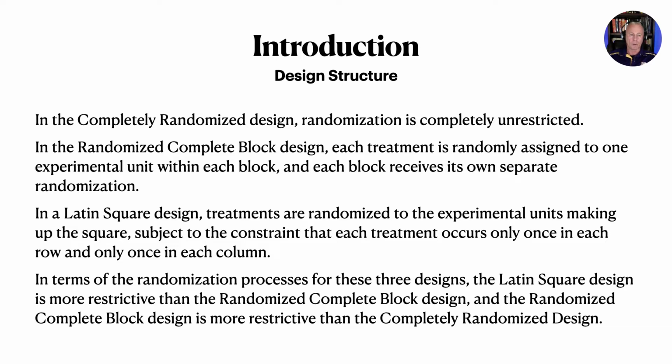In terms of the randomization processes, the Latin square design is more restrictive than the randomized complete block design, and the randomized complete block design is more restrictive than the completely randomized design.